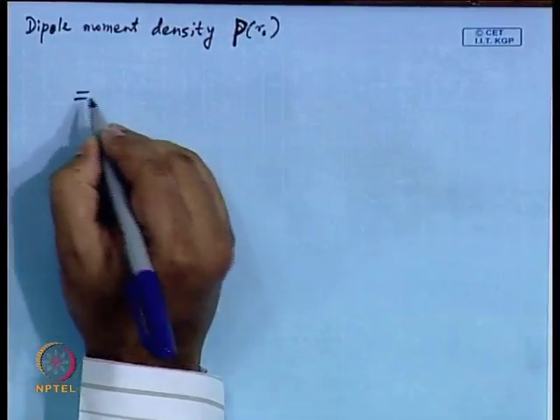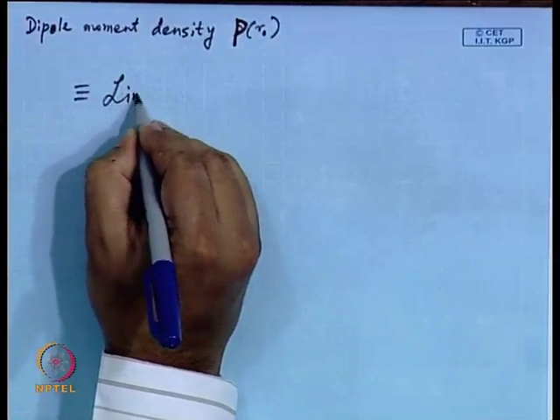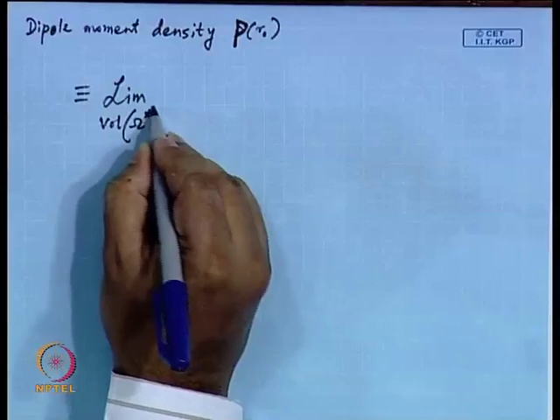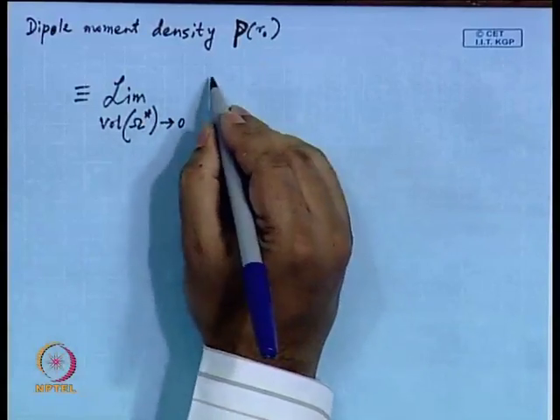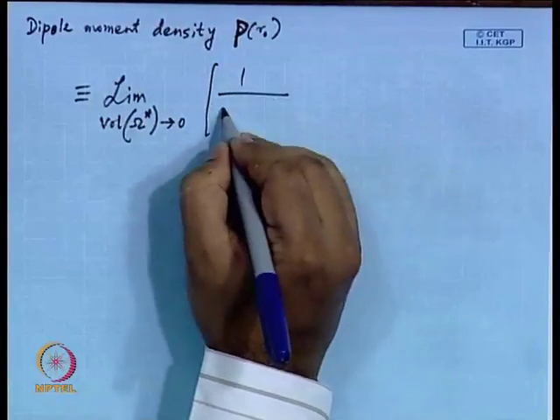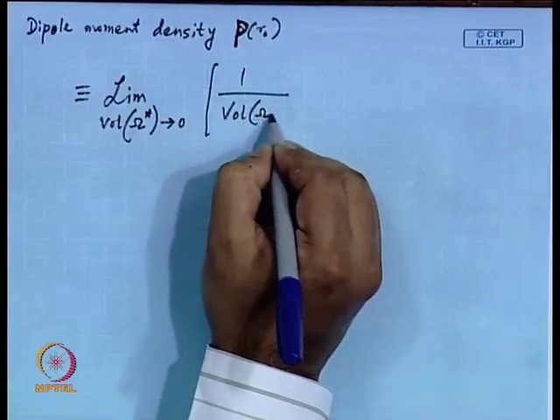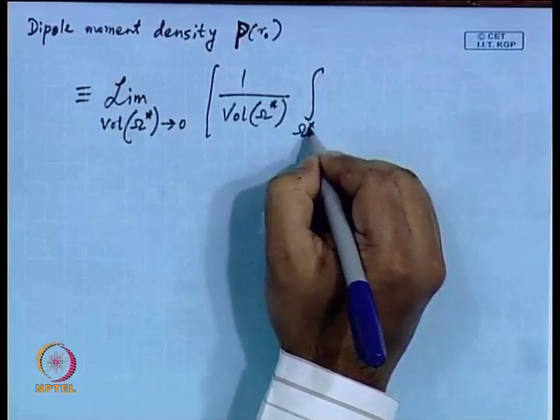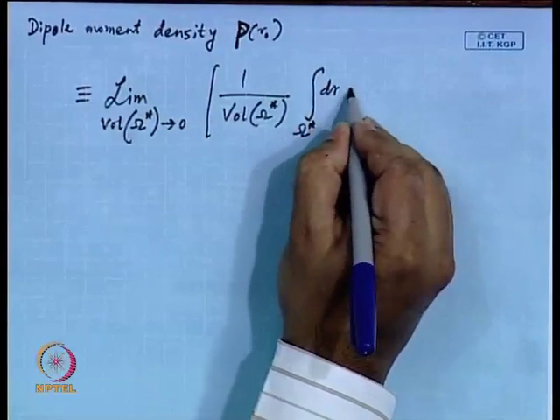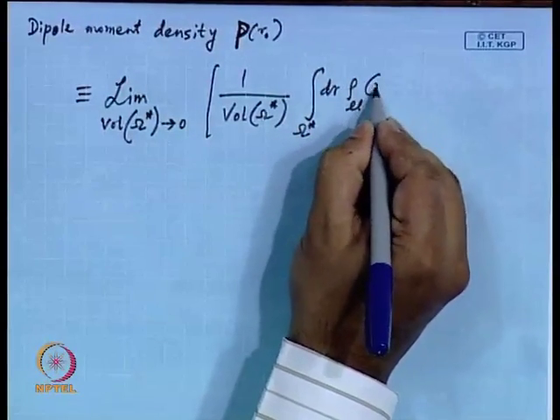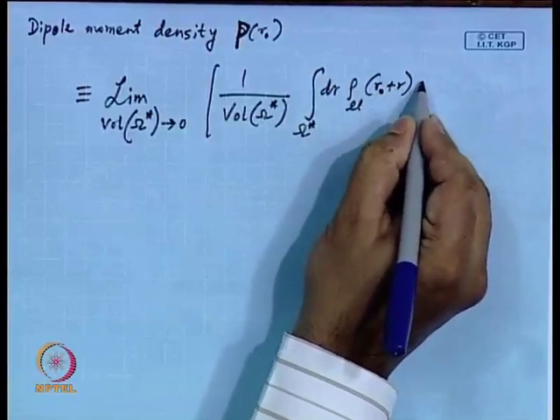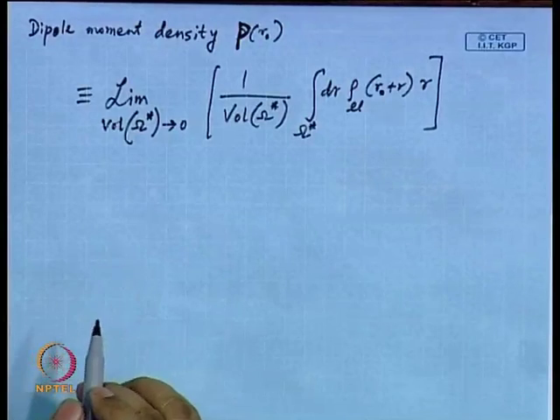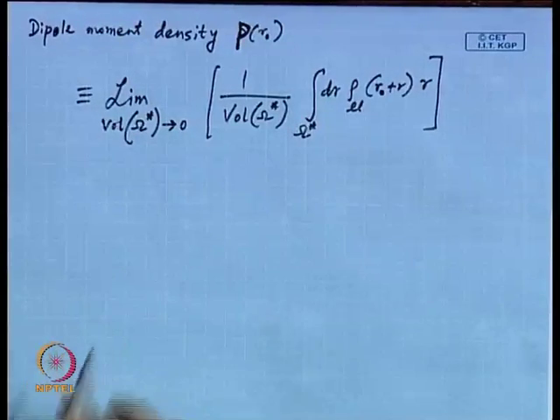This is defined as the limit, volume of omega star tending to 0, of 1 divided by volume of omega star, integration over omega star dr rho El R 0 plus R into R. This quantity is referred to as dipole moment density.